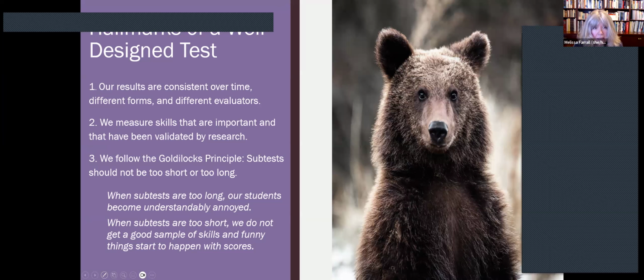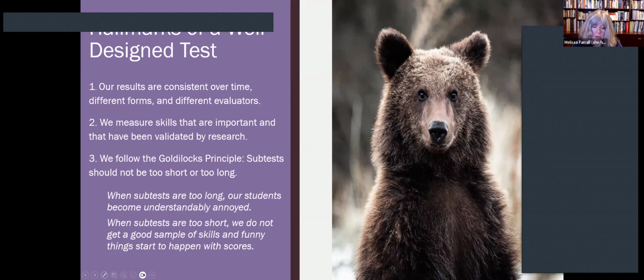So a couple of things about tests. Test publishers are duty bound in the realm of standardized norm-referenced testing to give us a lot of research that speaks to the quality of the test and the fact that the test can make the claims that it makes. We call this validity. We really want to be sure that what we're measuring allows us to say certain things.